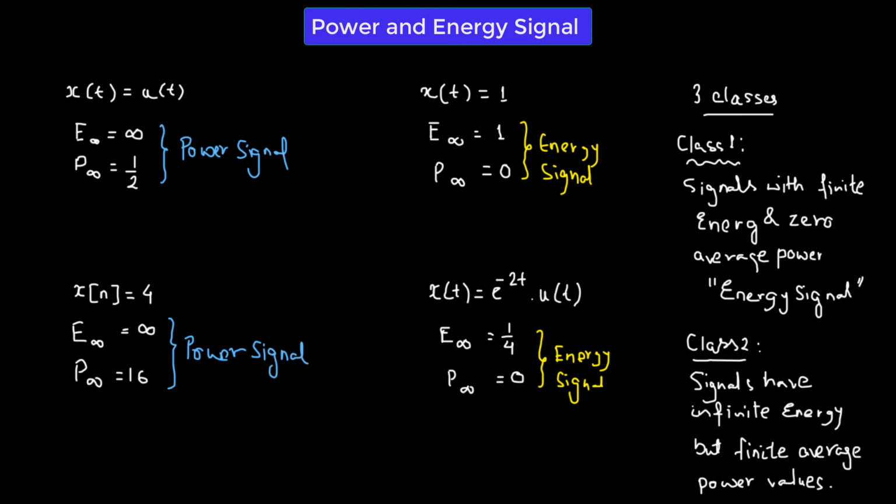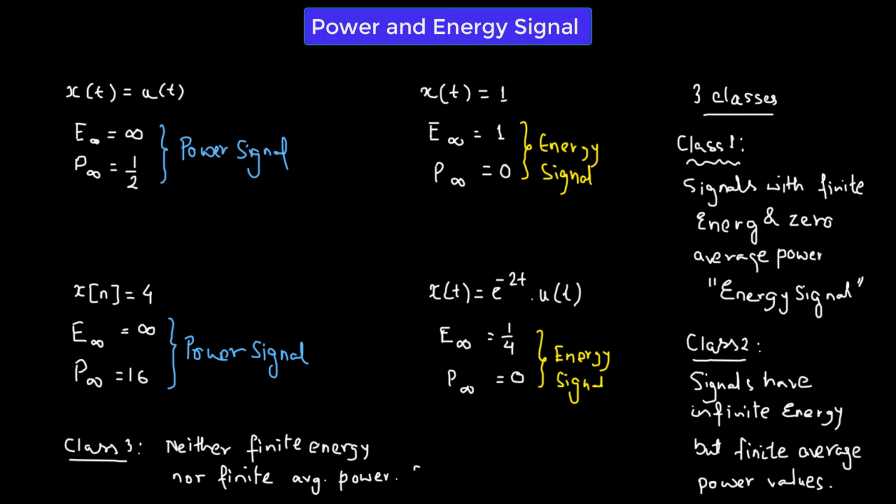And we have the final class, class number 3. This includes signals which have neither finite energy nor finite average power. We're going to encounter these kinds of signals later on.